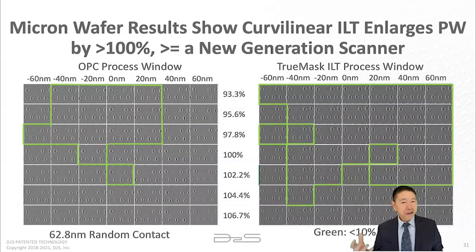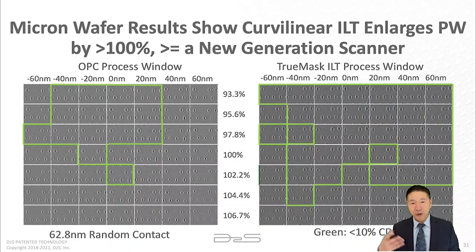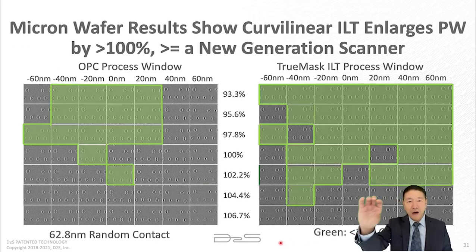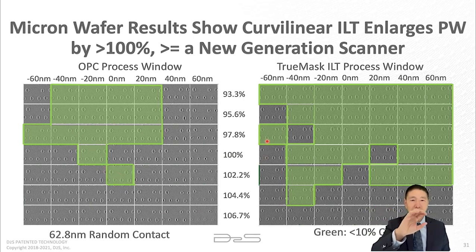And then we measured the process window. Here we use another layer, a cut layer, and we printed at different focus and different exposure. We use a 10% CD change as a spec for the process window. All of the prints within that process window, we highlighted in green.